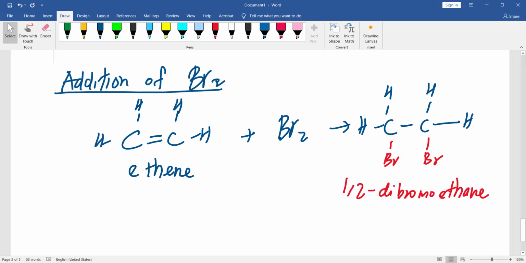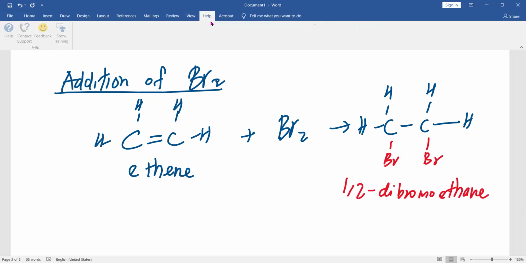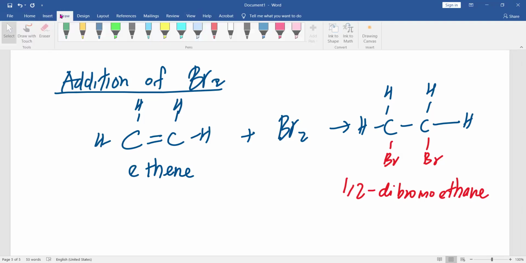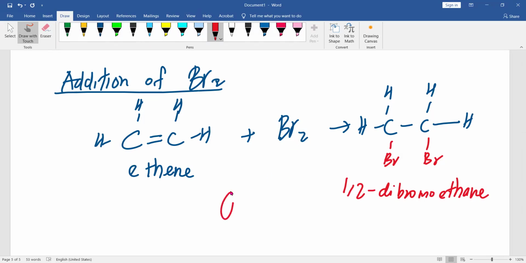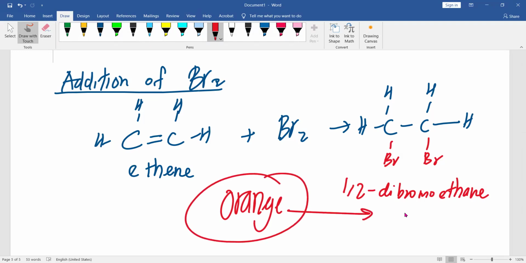All right, ready? Okay. The most important thing is the color change. Bromine is orange. After it reacts, it becomes colorless.